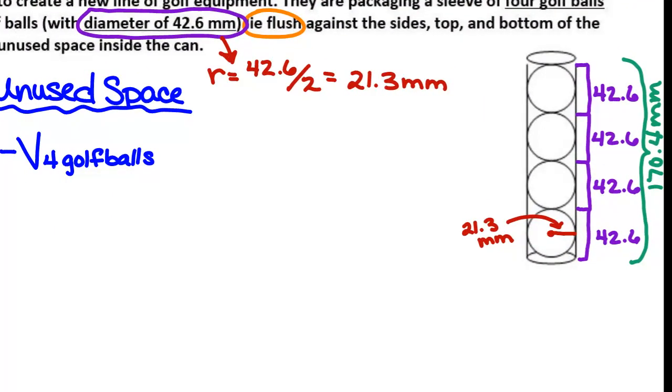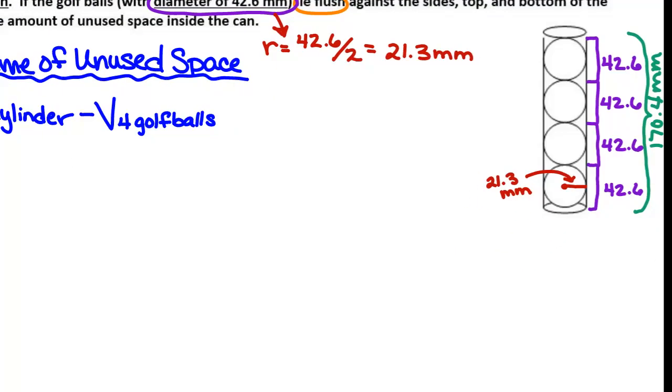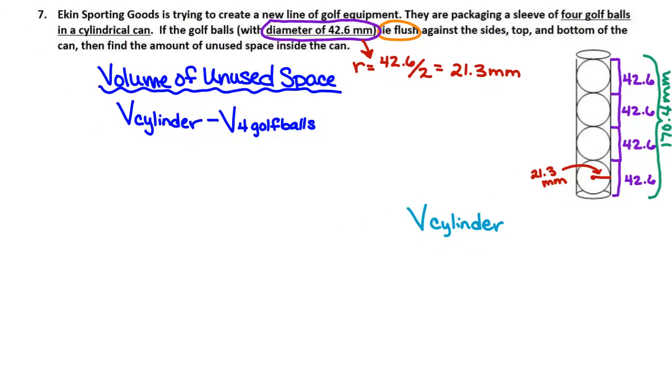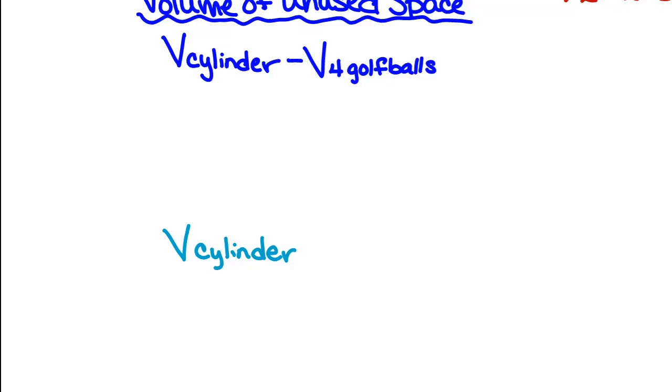So let's calculate these things off to the side. We'll do the volume of the cylinder first. I'm actually going to bring that over here. Volume of the cylinder. How do we calculate volume for a cylinder?